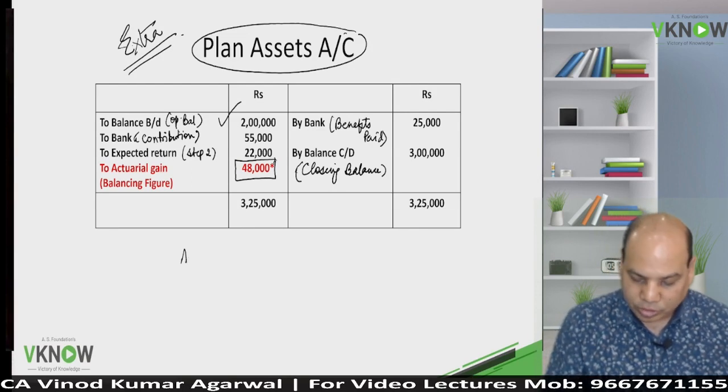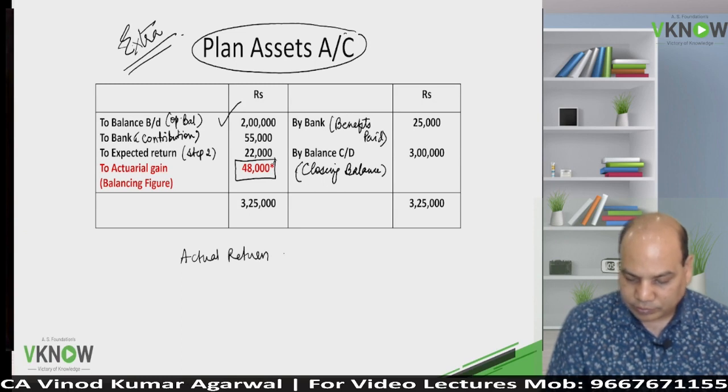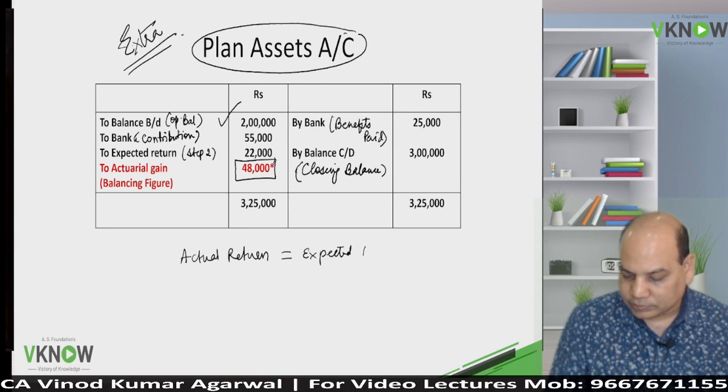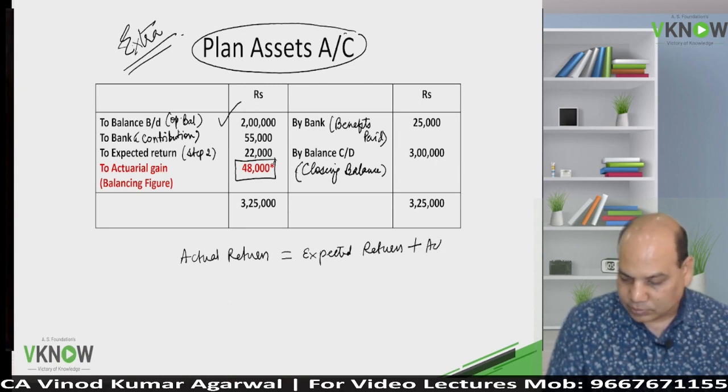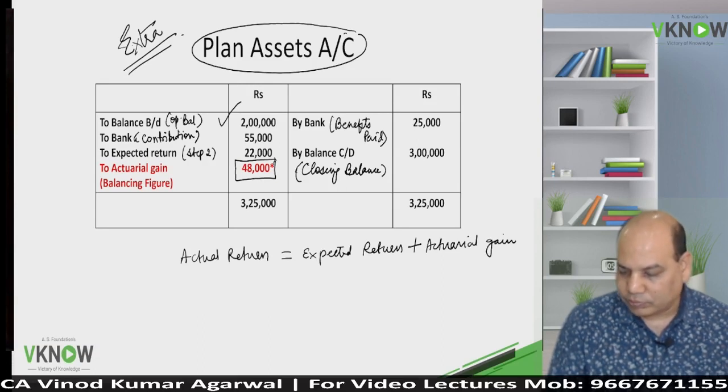Okay. So all of you have understood actual return is equal to expected return plus actuarial gain.